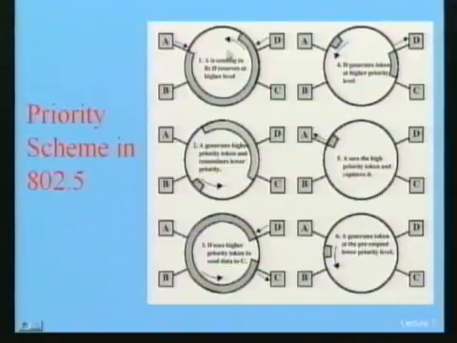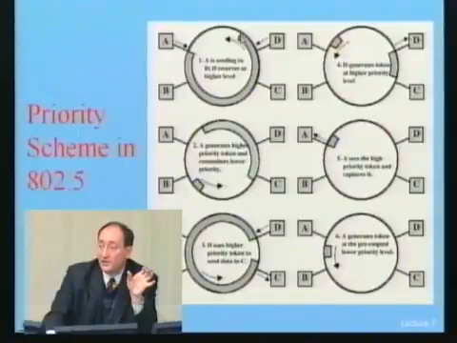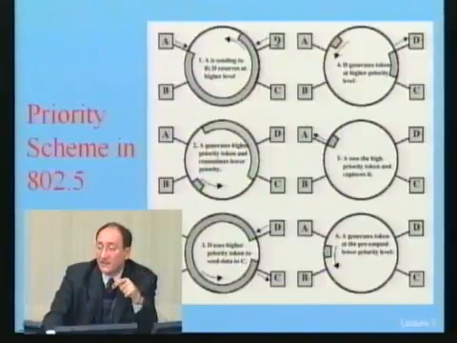Now, in this particular example, what he assumes is that when A is sending to B, D has a packet which has higher priority than this packet. When this packet is passing by, we had a field for priority, so it had a certain priority in it. D reads that priority. The priority of the packet that D wants to send is more than that packet.